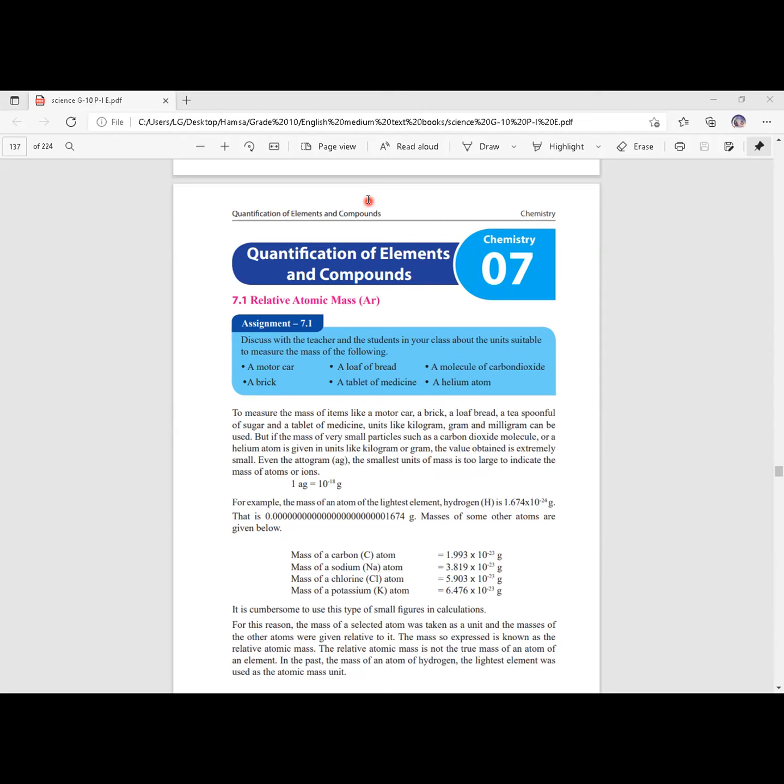To measure the mass of items like a motor car, a brick, a loaf of bread, a teaspoonful of sugar, and a tablet of medicine, units like kilogram, gram, and milligram can be used. So these units can be used to measure these kinds of mass, big items.